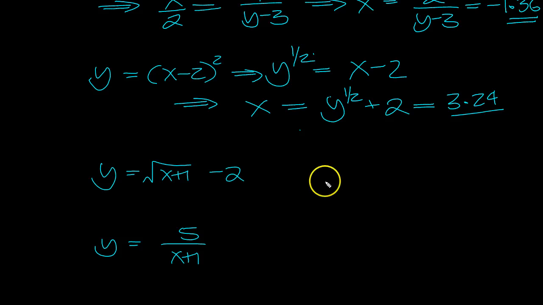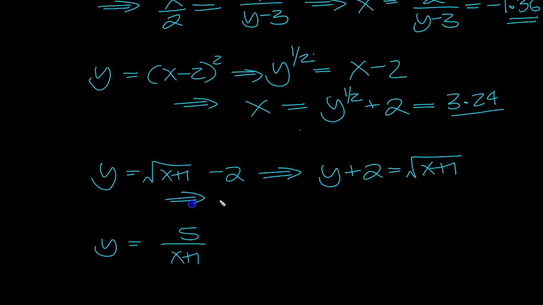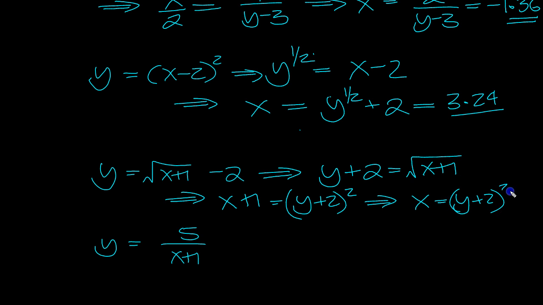Good. This one now, move the 2 over. Y plus 2 is equal to the square root of x plus 1. Square both sides. X plus 1 then is equal to y plus 2, this side squared. And move the 1 over. Y plus 2 squared then, that object, and move the 1 over to take away 1.